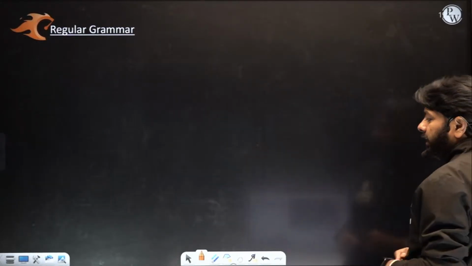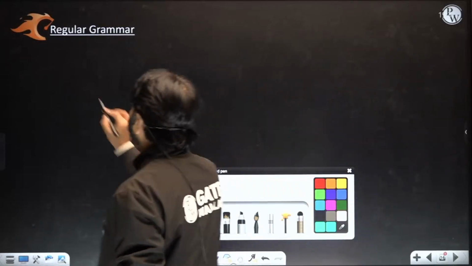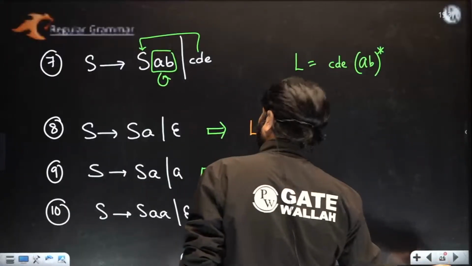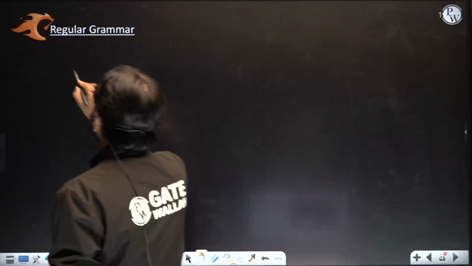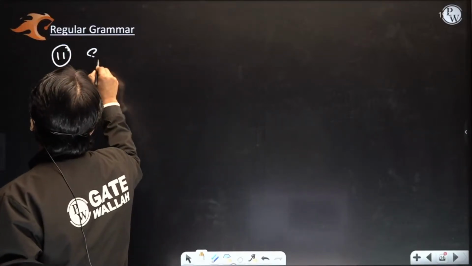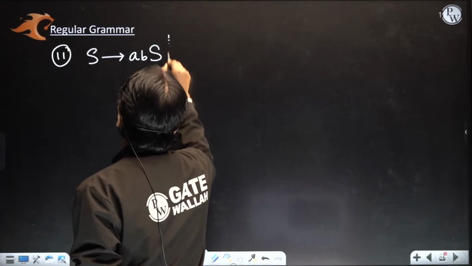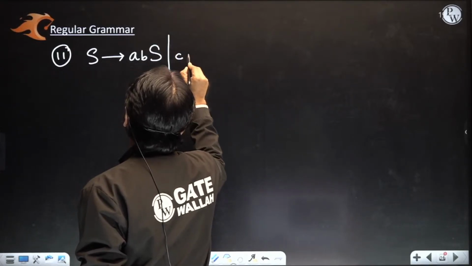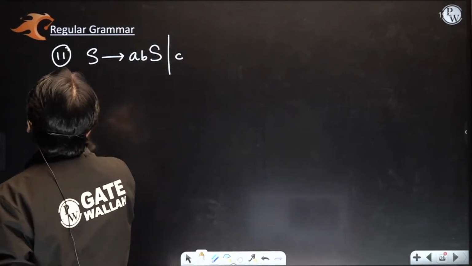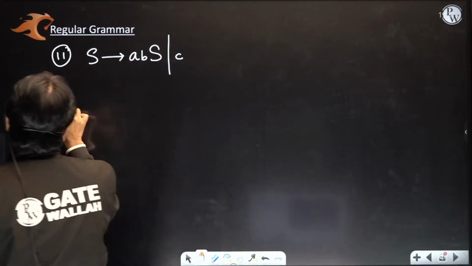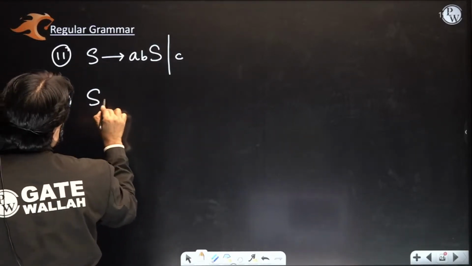Let's go to the right recursion. That is S derives A B S or C. Okay. Now use the same concept to answer.